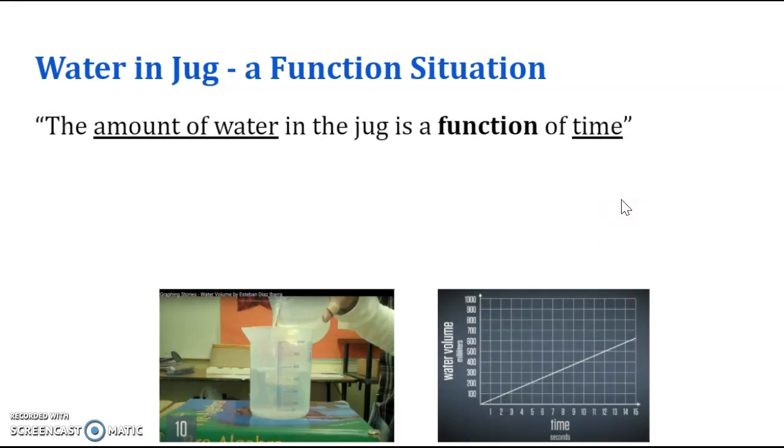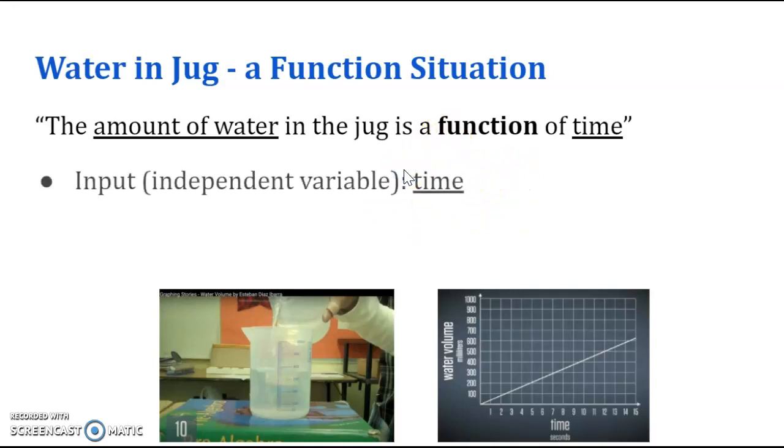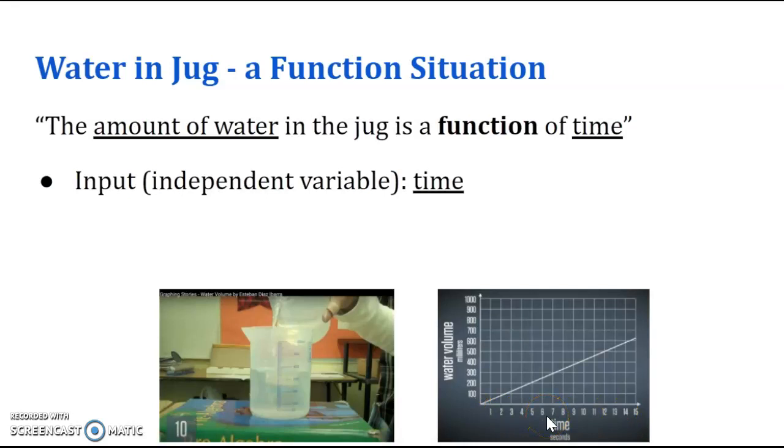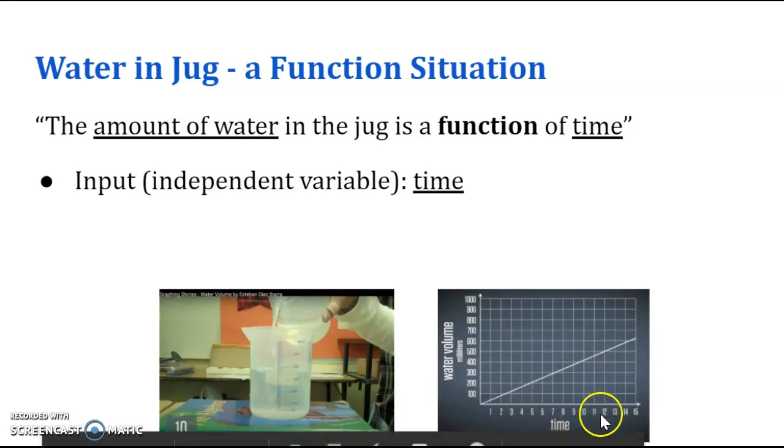So the amount of water in a jug is a function of time. What does that mean? The input was the time, which we call the independent variable. If you look at the graph here, the time is on the x-axis and time is increasing because time always continues, and as the time increases, the water volume also increases.